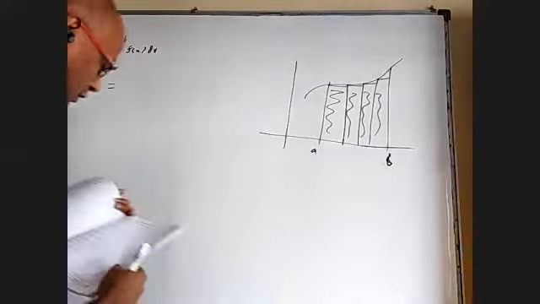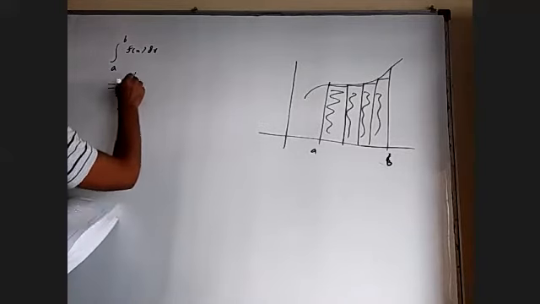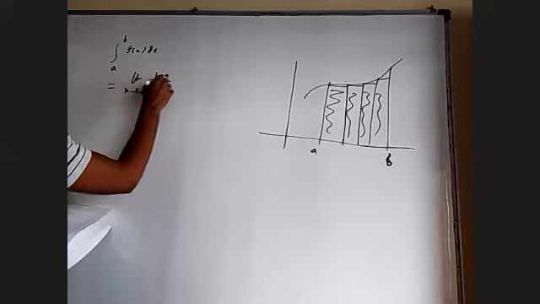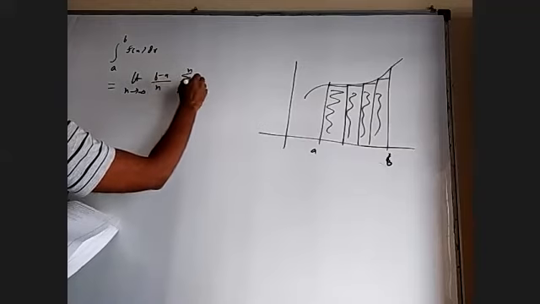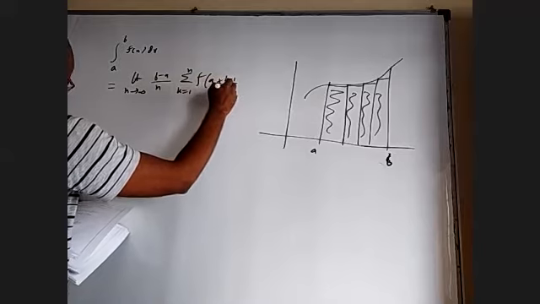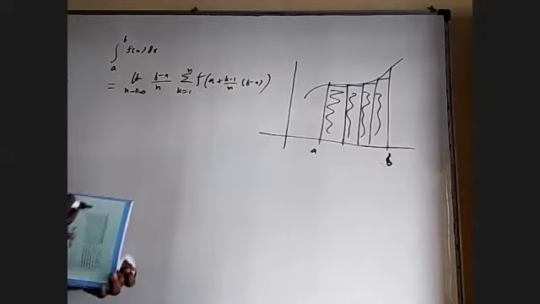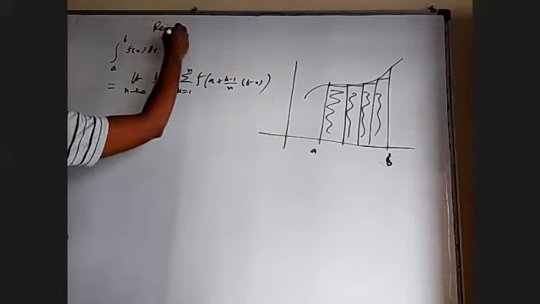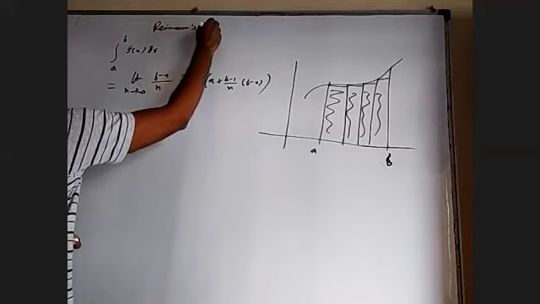The very first definition given, integral A to B f of x dx, is limit n tends to infinity, b minus a by n, sigma k equal to 1 to n, f of a plus k minus 1 by n into b minus a. I don't know whether the spelling is correct or not. Okay, Riemann sums.